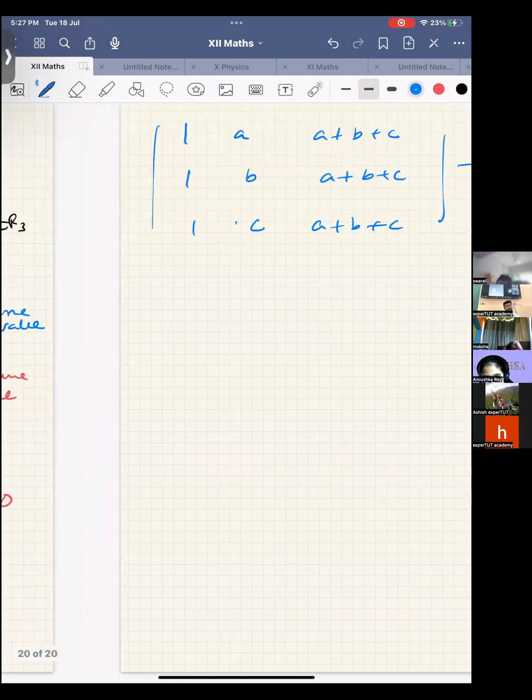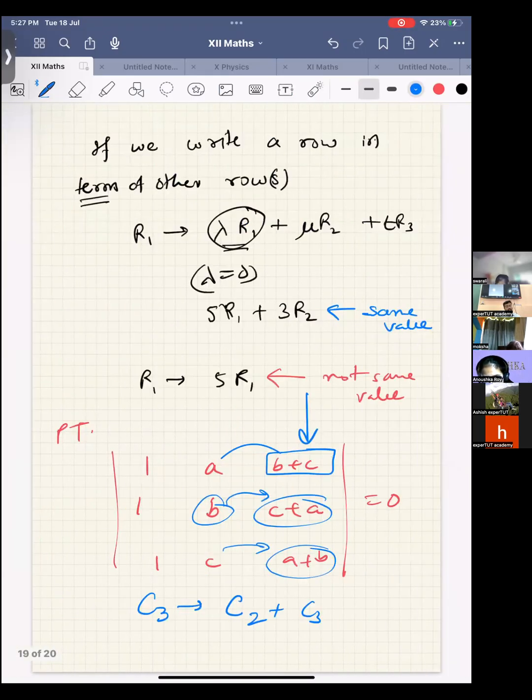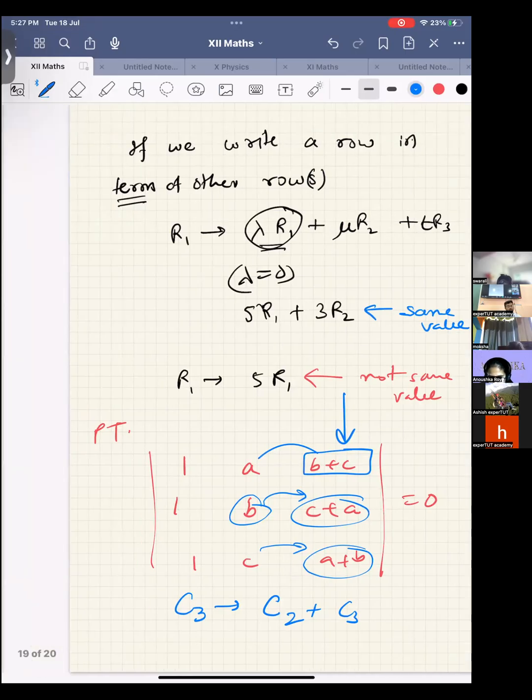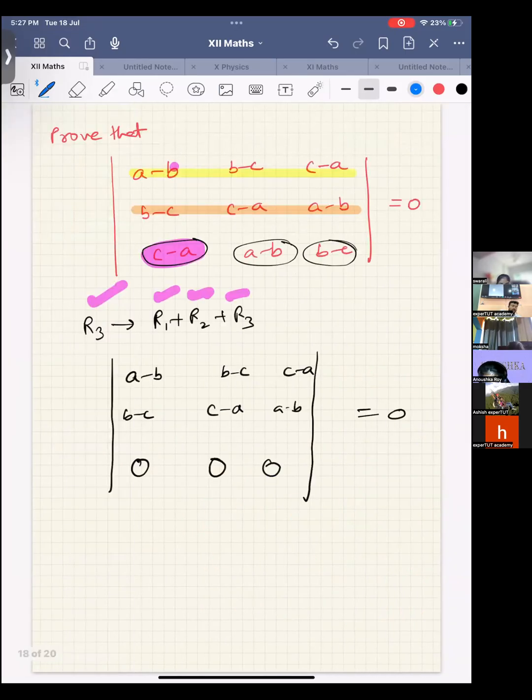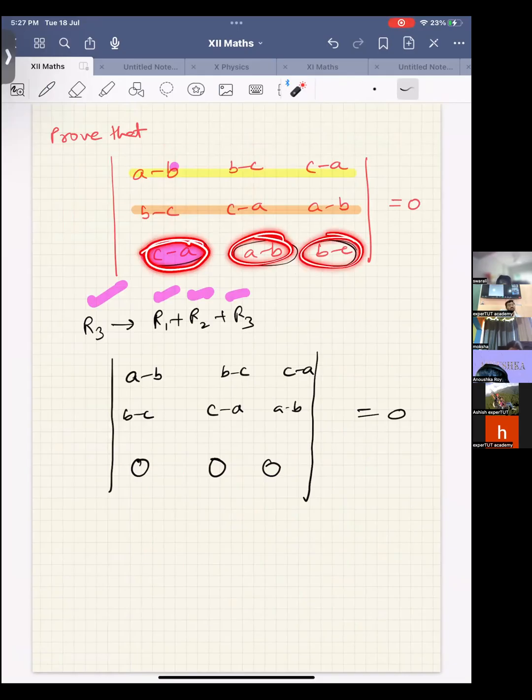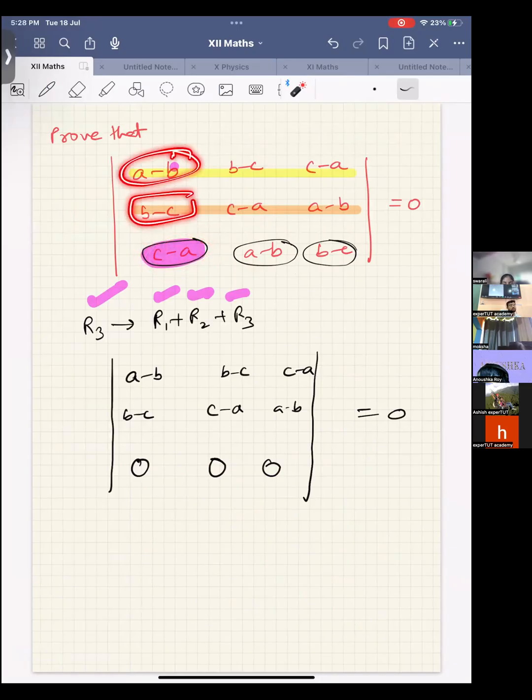In the last question we did R3 is equal to R1 plus R2 plus R3. Yeah, because we were adding like this, no? The R1, I'm changing R1. So these three elements I'm going to change. And what I'm going to do is, this element should be the addition of above two.